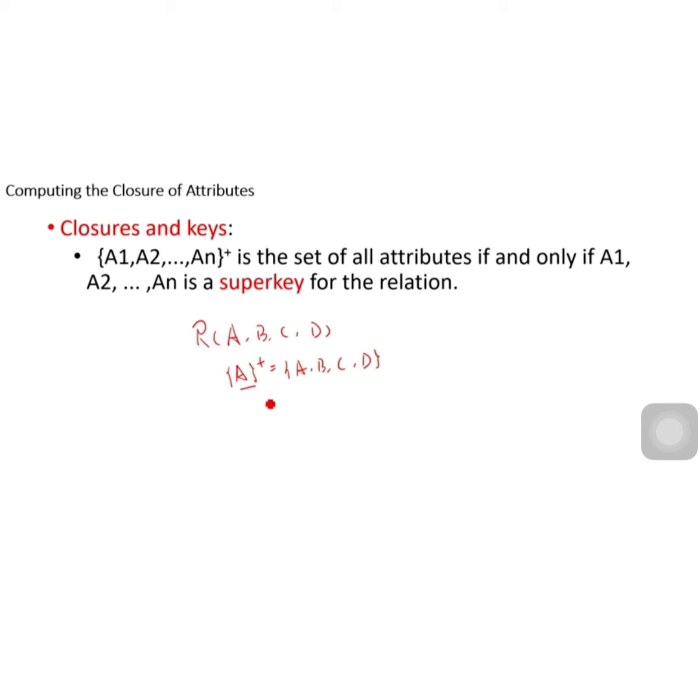Because the closure of A is ABCD, and ABCD is the set of all attributes of R, A is a superkey. And because A has only one attribute, it must be minimal.